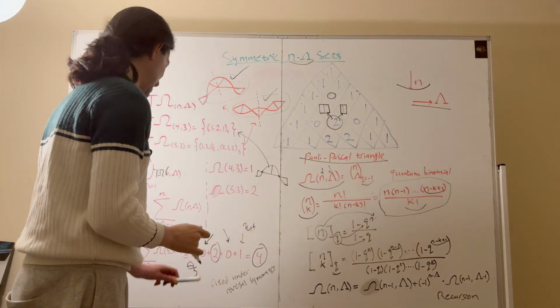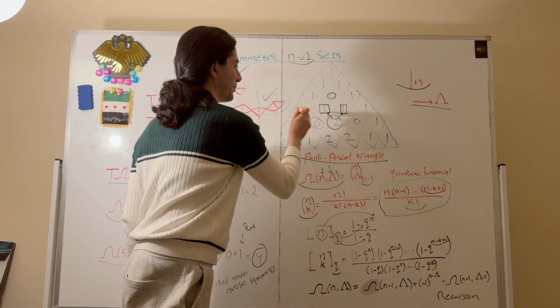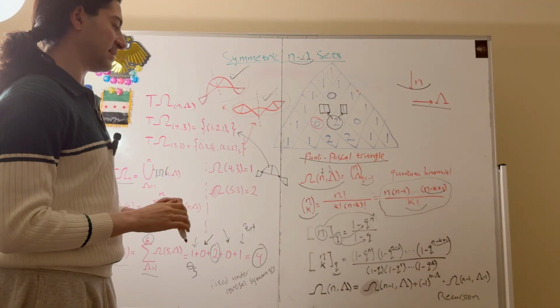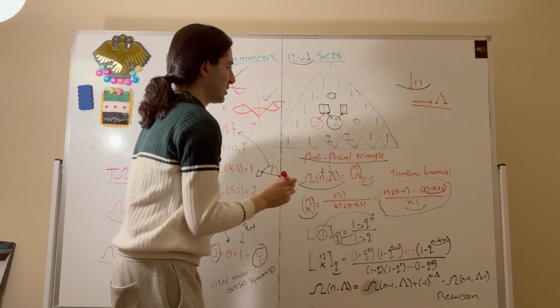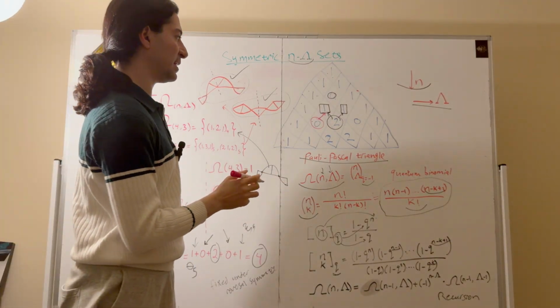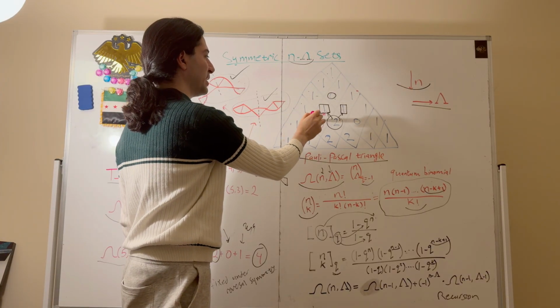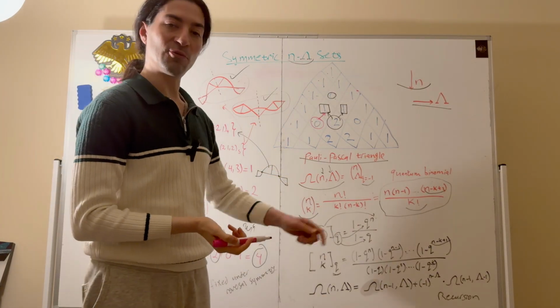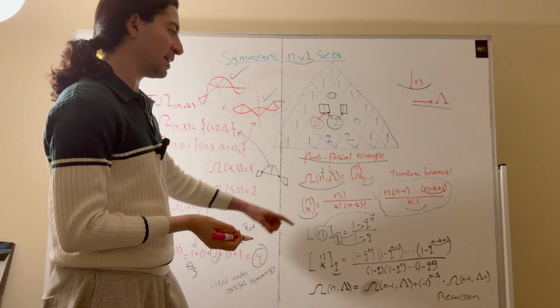Let's look at another number. Let's look at this 0 over here. We will see that this is equal to, again, this plus -1 to the n minus lambda. In this case, that will be 1, 2, 3, 4, 5 minus 2, that's 3. -1 to the power of 3 is -1, so that becomes a minus this one.